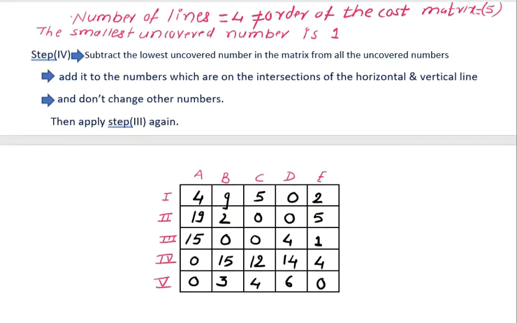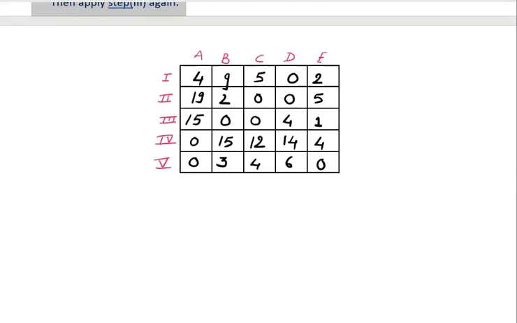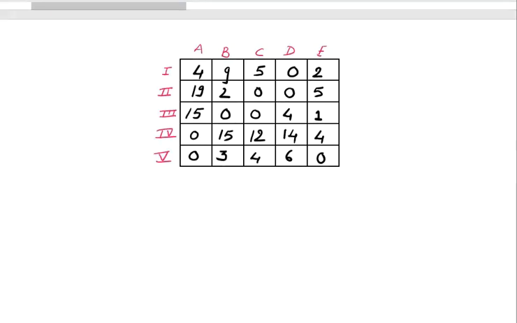We obtain this matrix, and we have to again apply step number 3 on this cost matrix. After applying step 4, we have to repeat step 3. So let us apply step 3. Cover all zeros with the minimum number of horizontal and vertical lines.